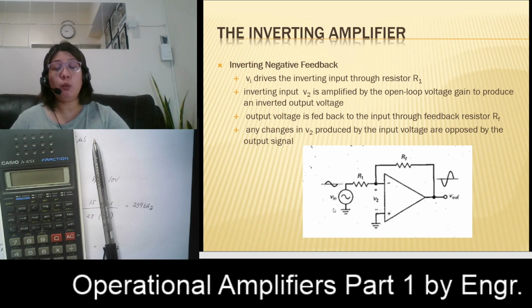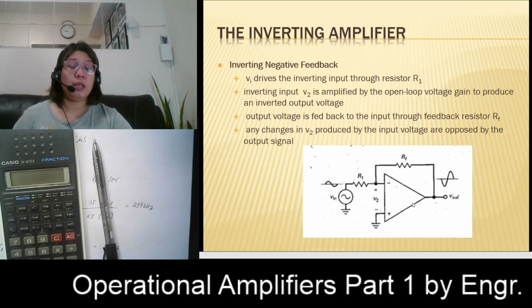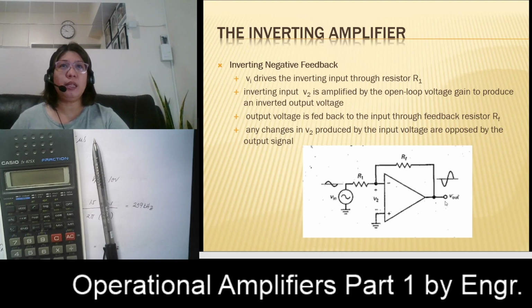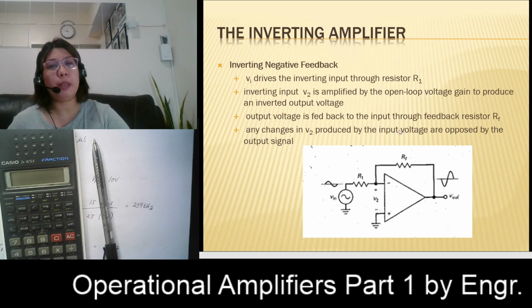So let's repeat. Once our open loop voltage gain significantly increases, it produces an increase in output. That output will be fed back to your circuit, which makes your V2 smaller.